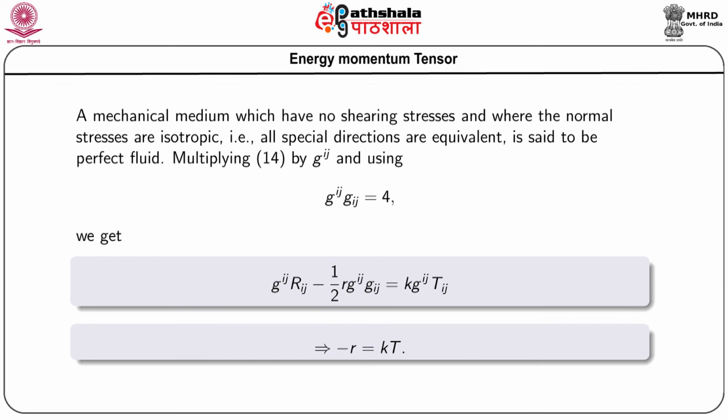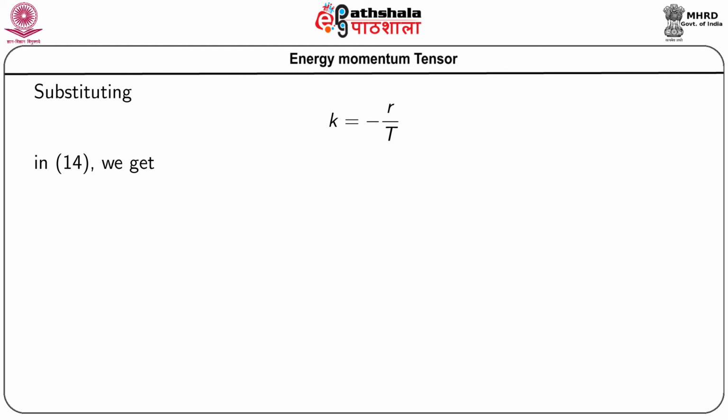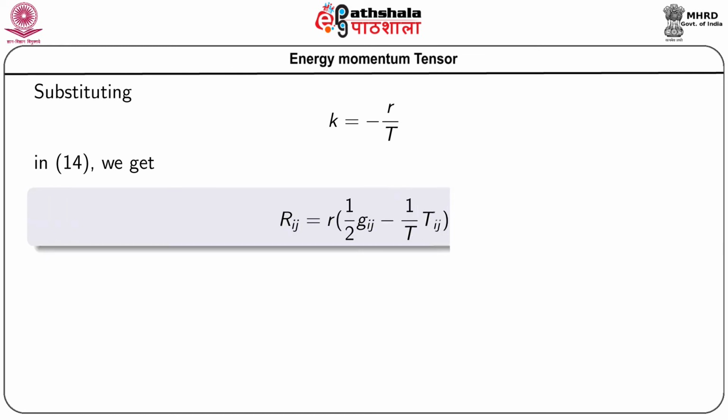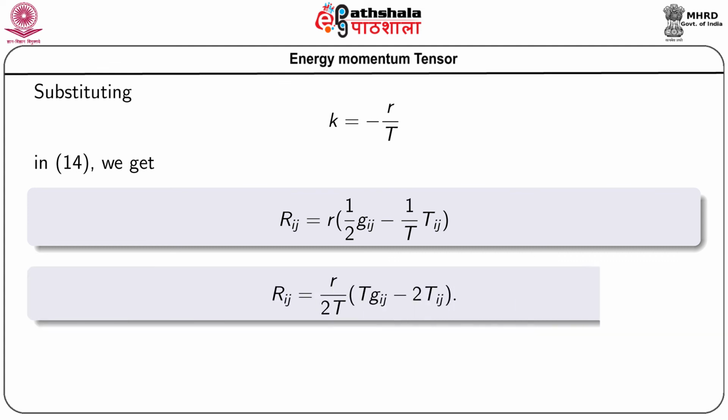So, simplifying this relation, we get minus R equals k T. That means the value of k is equal to minus R by T. If we replace this value in 14, we get R_ij equals R (half g_ij minus 1 by T T_ij), or simplifying, R_ij equals R by 2T (T g_ij minus 2 T_ij).